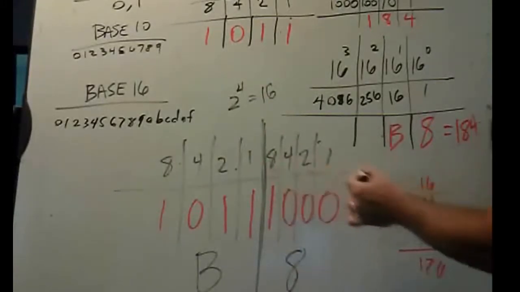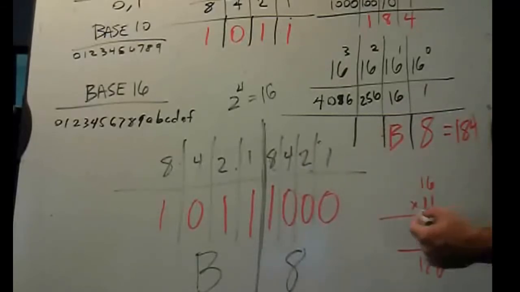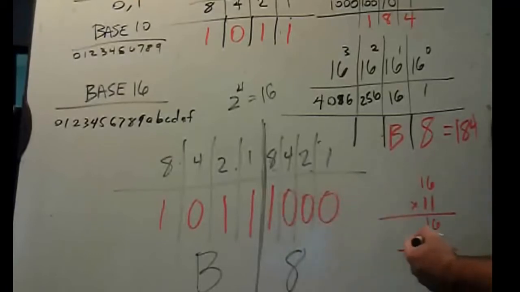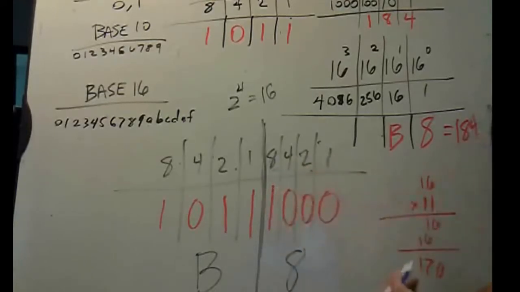So each character in a hexadecimal system is the equivalent of 4 bits, because of the values 0 to 15. 8 plus 4 plus 2 plus 1 is 15, but if you had all zeros you'd have 0, so you count from 0 to 15 for a total of 16 values.